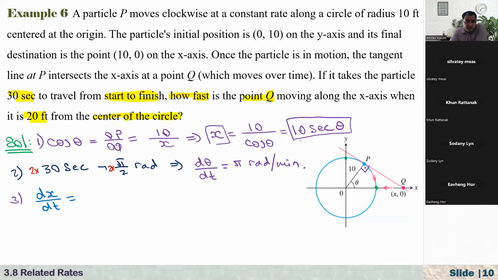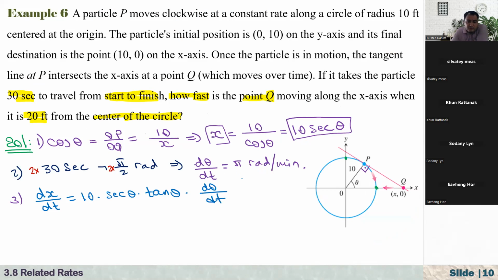On the right-hand side, we have a function of theta, and theta is a function of t. So that's equal to 10 times the derivative of secant, which is secant of theta times tangent of theta, times d theta/dt.